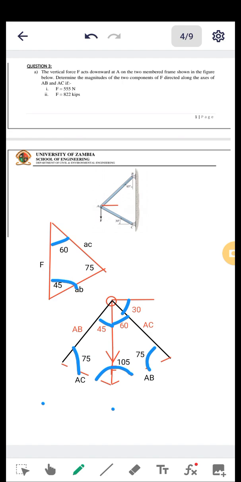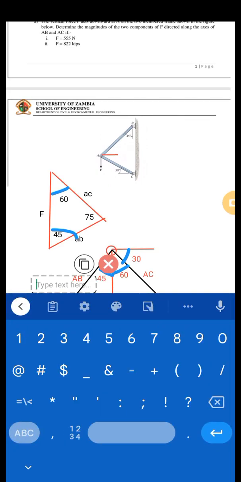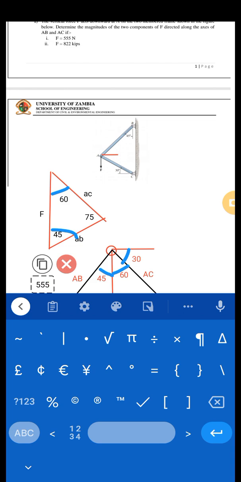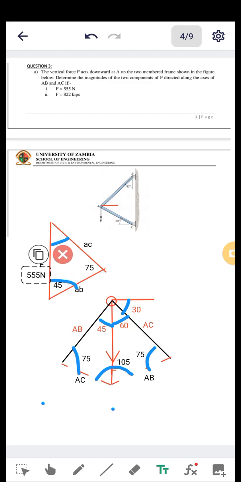So now we've been given force F in part A, which is, say, take F to be 555 Newton. Please pardon me with my board.